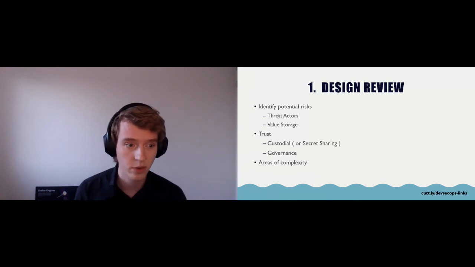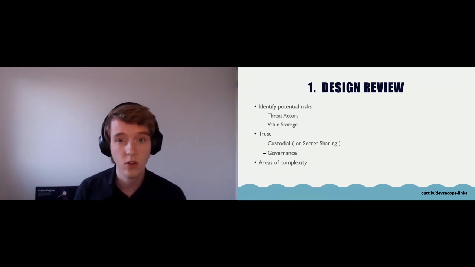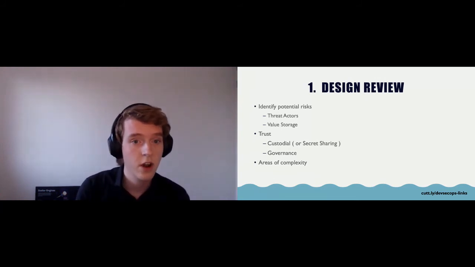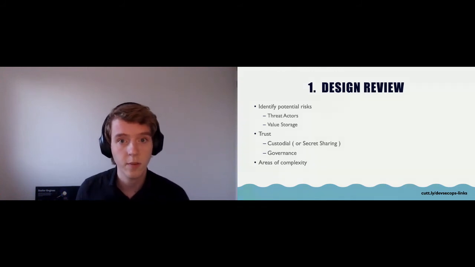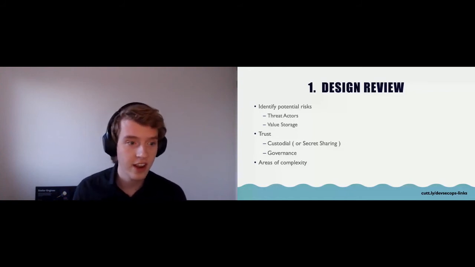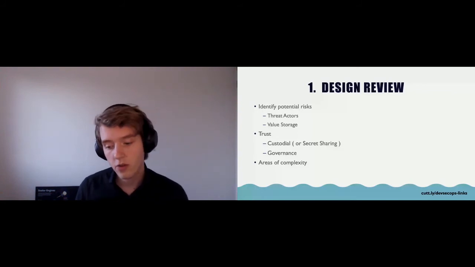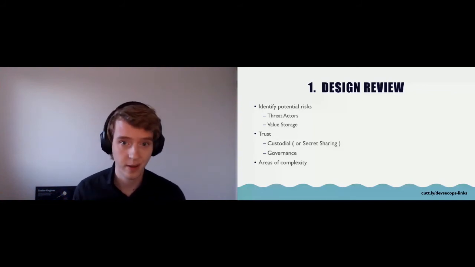Then there's also the possibility of looking into some kind of governance model where you put the control over your system in the hands of the community. There's risks associated with each of these approaches, and knowing them upfront allows you to evaluate whether you want to accept those risks.